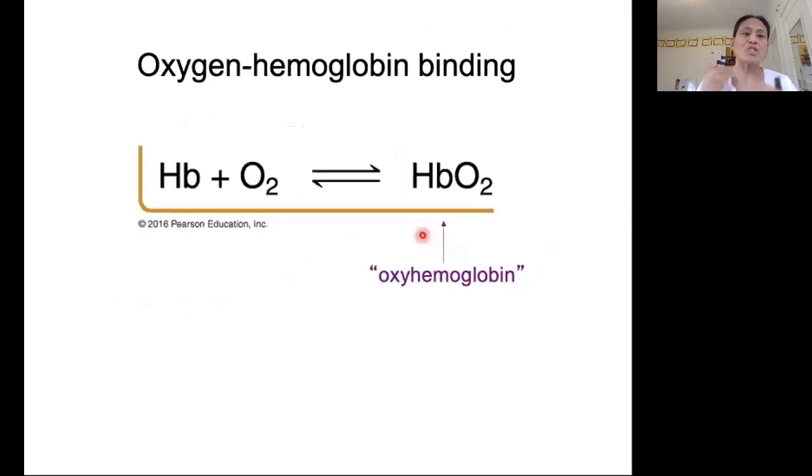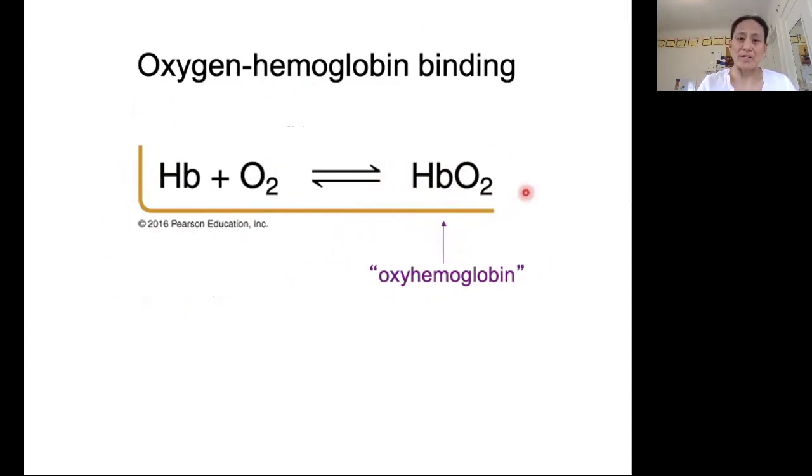We can describe the binding of oxygen to hemoglobin using this chemical equation right here, okay? This symbol we refer to as oxyhemoglobin. This is hemoglobin bound to oxygen, okay?